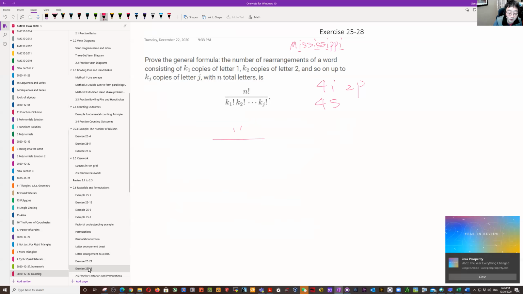So it's 11 factorial divided by 4 factorial, divided by 4 factorial, divided by 2 factorial. So this is just a way to arrange the letters.